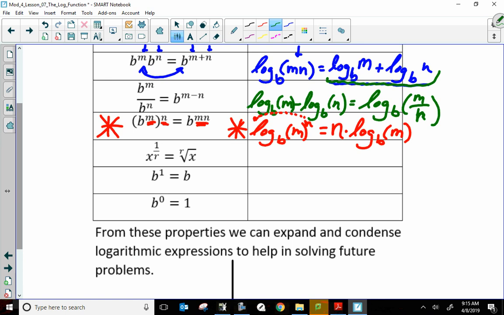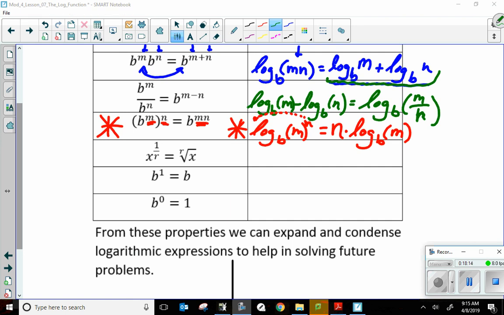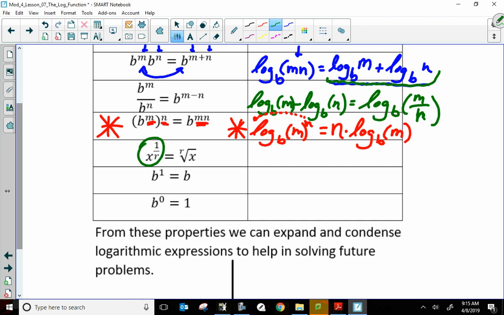Next one right here. This is more of an in case you forgot. Anything with a rational exponent can be written as a radical. So if I have the log base b of the third root of m squared, that's the same thing as saying log base b of m to the 2/3, right?